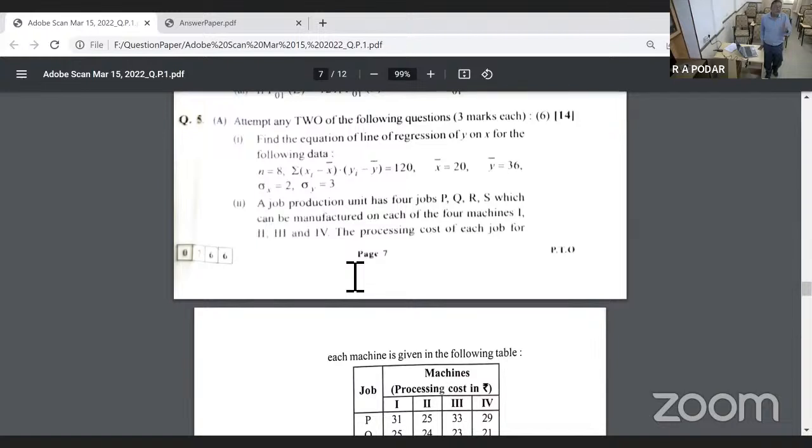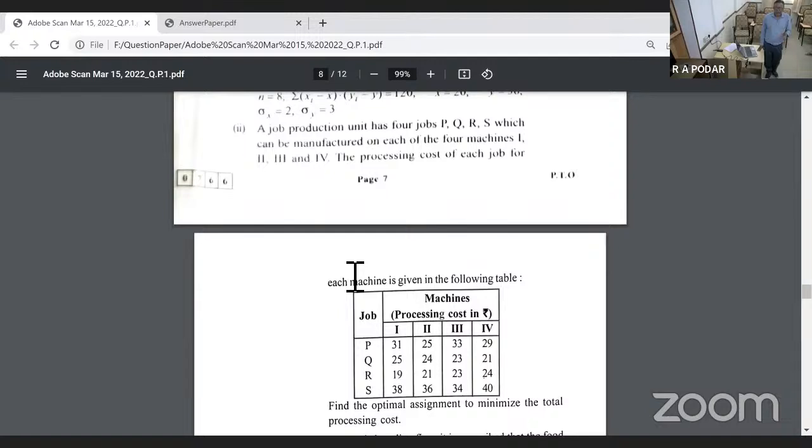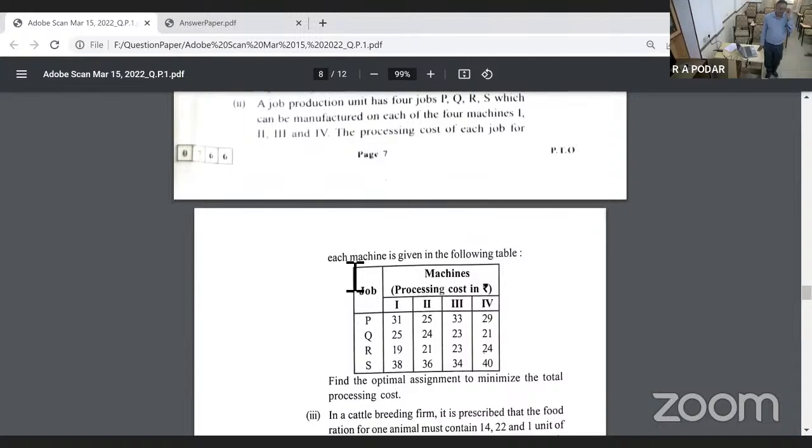If you take the square, sigma x whole square, that will be the variance of x, and that will be in the denominator. After getting the coefficient byx, you substitute x bar and y bar, which are given to you. Then you write the equation and simplify it, with y on the left hand side and the other variables on the right hand side. That will be the answer.